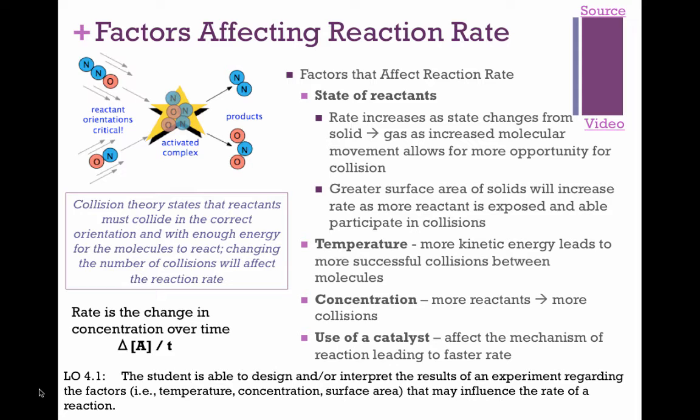Concentration, again, of reactants. We are only concerned with reactants in kinetics because when you write a rate law, it's rate equals k times the concentration or times the pressure of reactants, not products. And then catalyst. When you're talking about why a catalyst works, talk about lowering activation energy. Don't just say a catalyst speeds up a reaction.